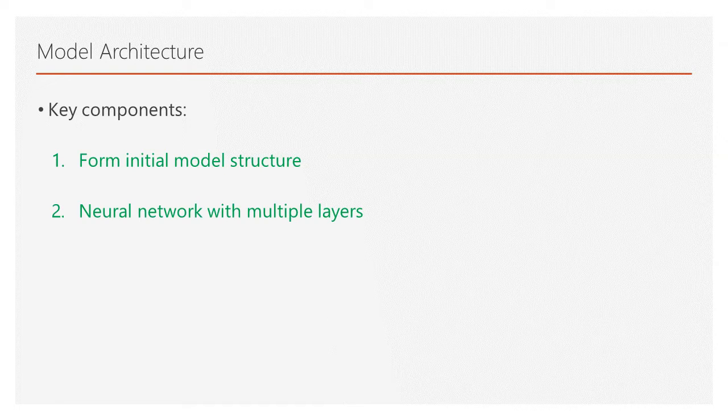Building a deep learning model with several layers that can capture complex patterns in the data. 3. Utilize the transformer model, which has revolutionized NLP tasks with its efficiency and performance. And finally, step 4, implement attention mechanisms to allow the model to focus on relevant parts of the input text, improving context understanding.